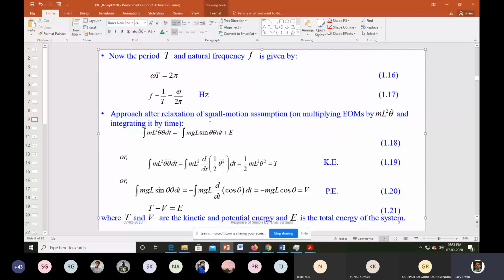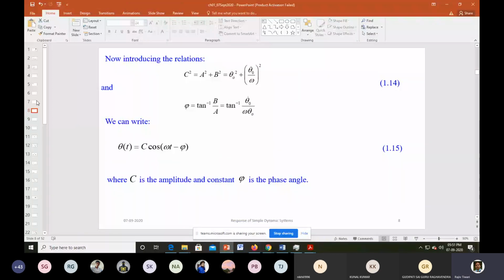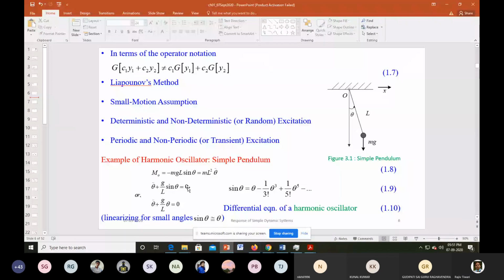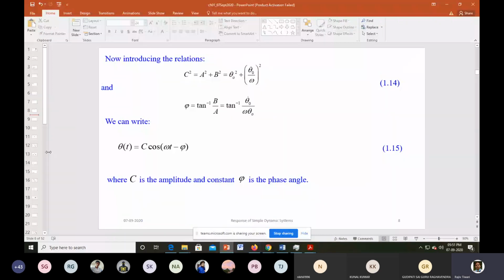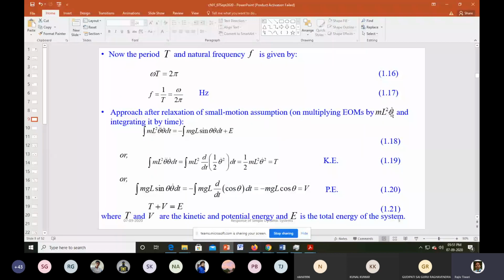Okay. Now in the previous equation of motion which we obtained, I have multiplied that equation by ml square theta dot. I'm just rearranging that equation of motion. I have multiplied by this term, and I'm integrating over time. You can see that theta double dot was there, so ml square theta dot I have multiplied.